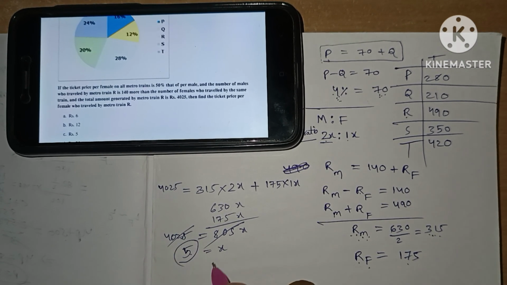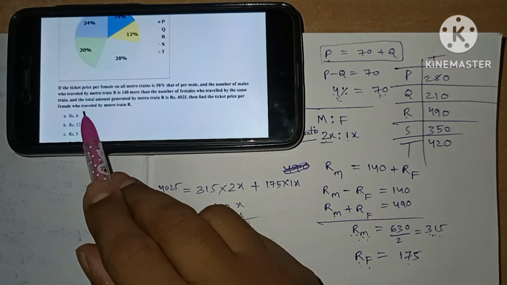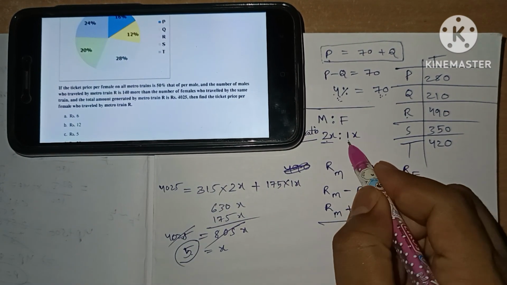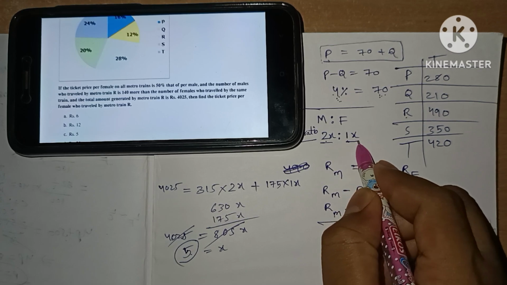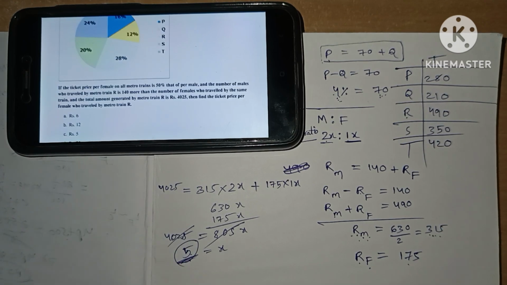So x value is 5. The question asked is to find the ticket price per female who traveled by metro train R. Here for females it took x rupees. So this is the answer, 5 rupees. Option C is our answer.